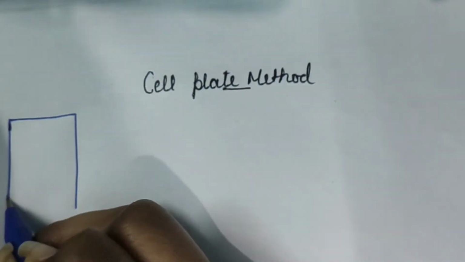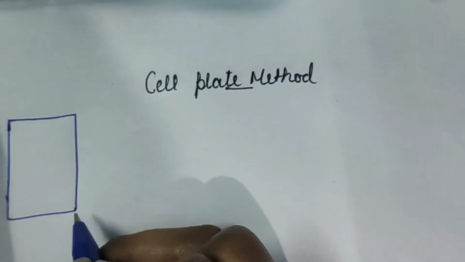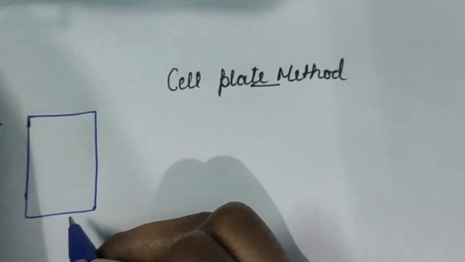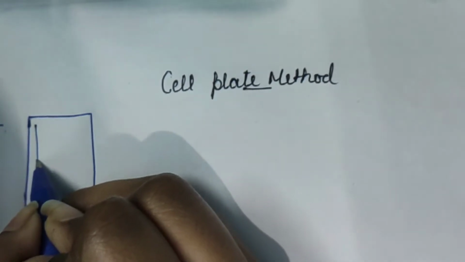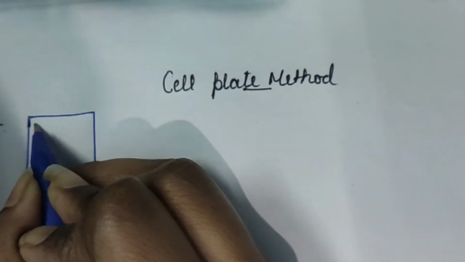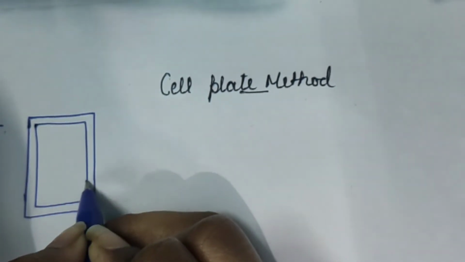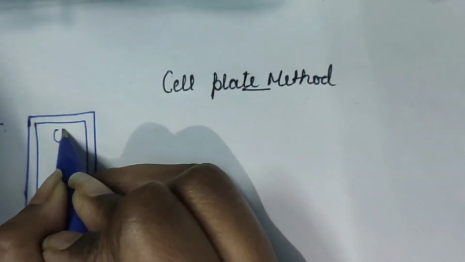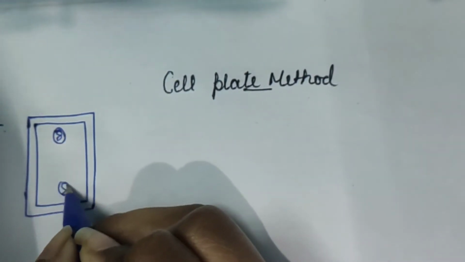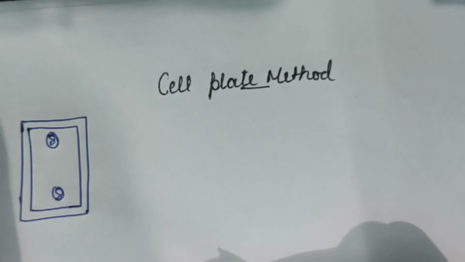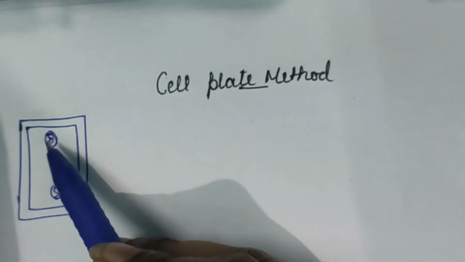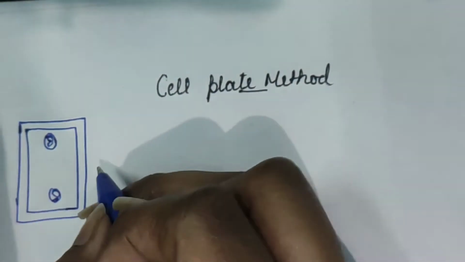Now, a plant cell has two kinds of outer covering. The outer one is hard and dead, which we call the cell wall, and the inner one is a flexible covering, which we call the cell membrane. At the end of telophase, a plant cell consists of two nuclei, right?